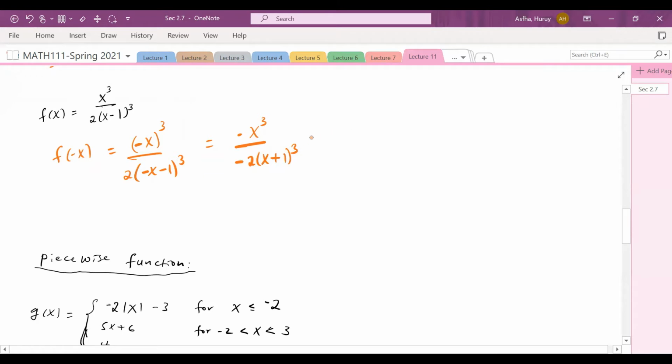So this is totally different from f of x. It's different from negative f of x. Okay, it's neither of them. There is no way we can convert this one to this or to this one. Therefore, f is neither odd nor even. Okay.